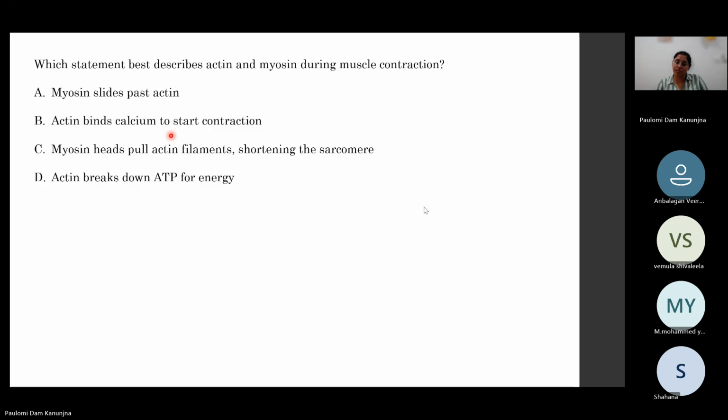Anyone else want to take a guess? What is exactly happening when you have muscle contraction?